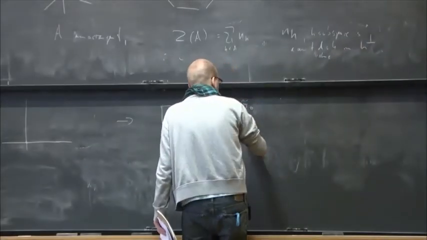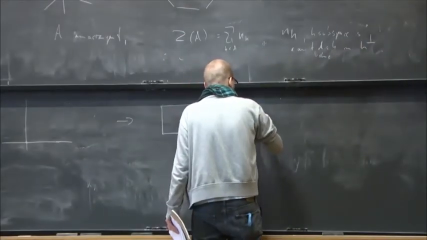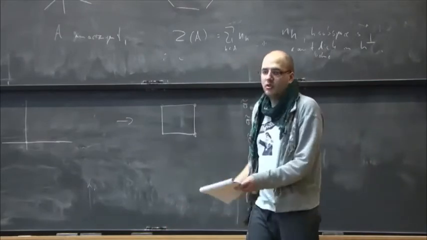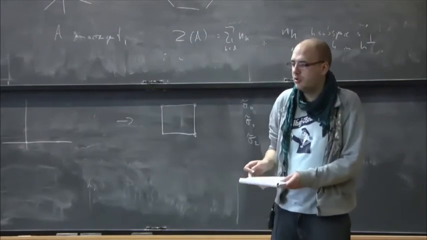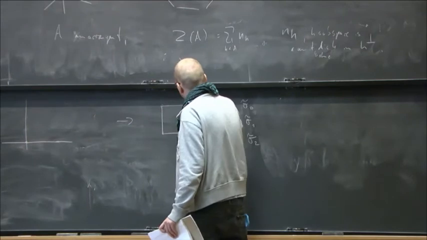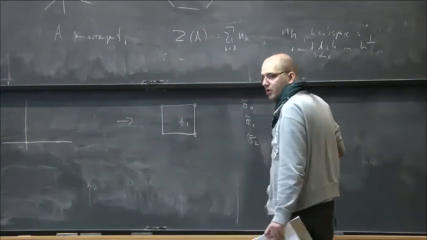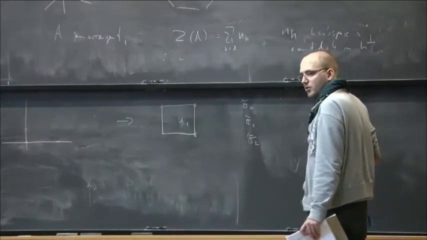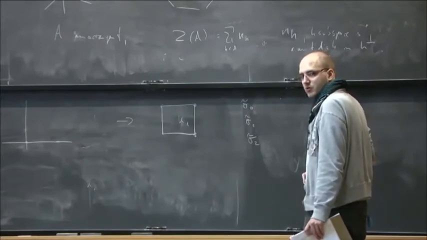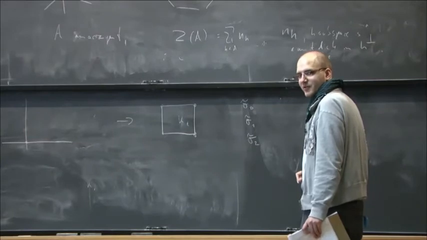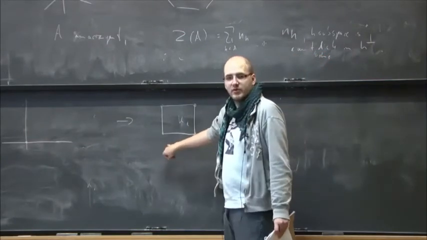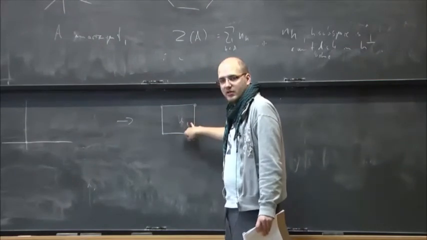Let me write down sigma tilde 0, sigma tilde 1, sigma tilde 2 for this convex body K. Well, I have a unit volume, so these are unit edge lengths.